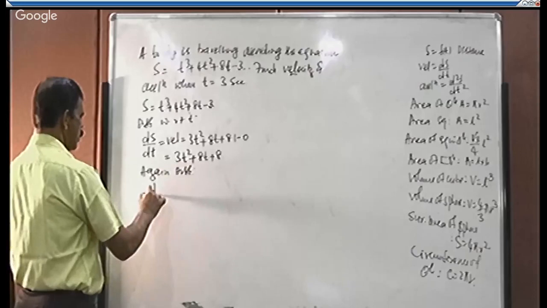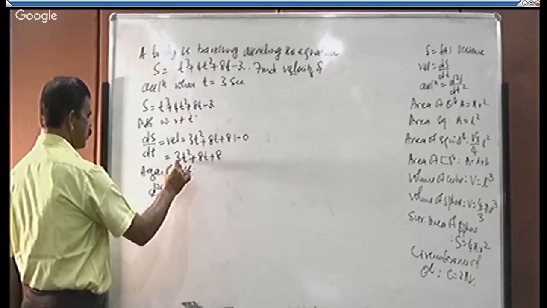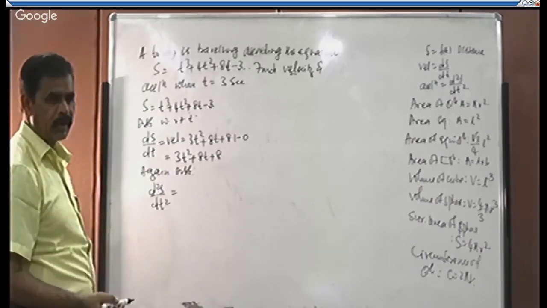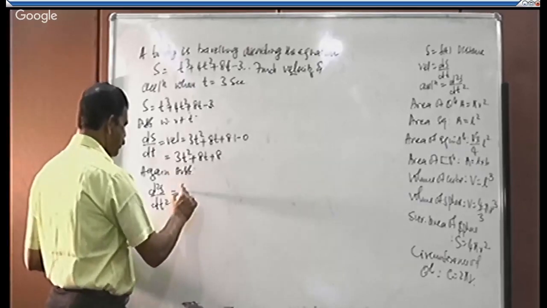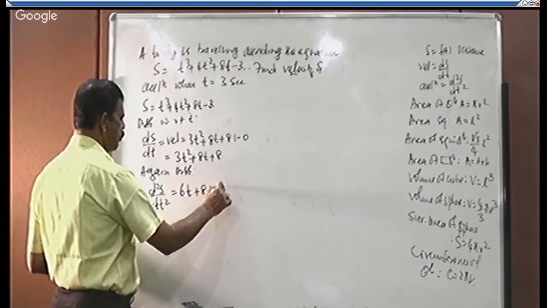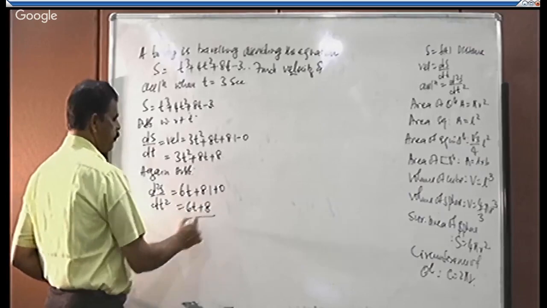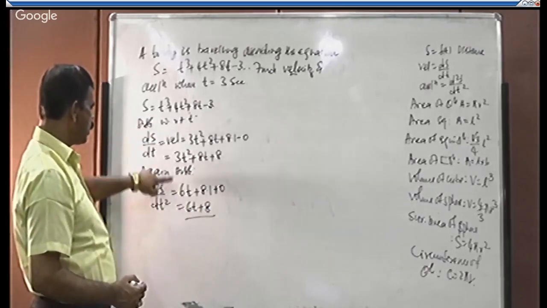We get d square s by dt square, that is equal to, for t square, similar to x square, differentiation of x square is 2x. 3 into 2, 6t, plus 8 into 1 plus 0, that is 6t plus 8. We got instantaneous velocity and acceleration.